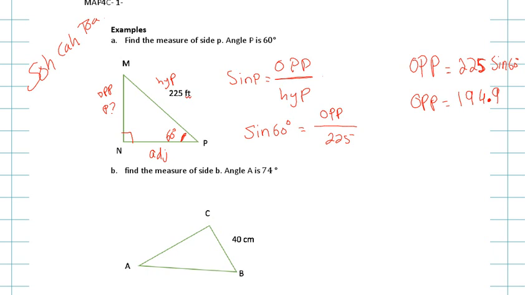It must be to one decimal place, so it was 194.85, and I have to round it up to 194.9.